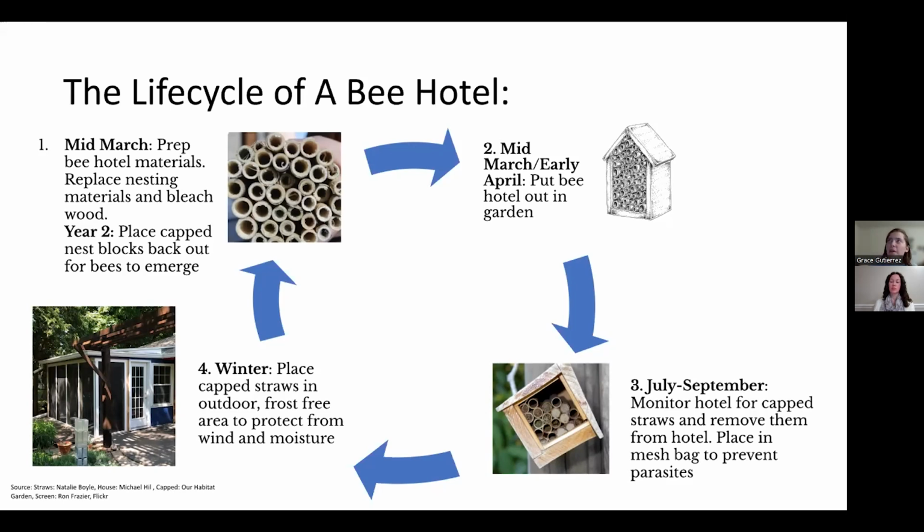But in the bee hotel, the egg will start to eat the pollen, develop into a larva, and then around fall for a summer bee, the bee will develop into a pupa.